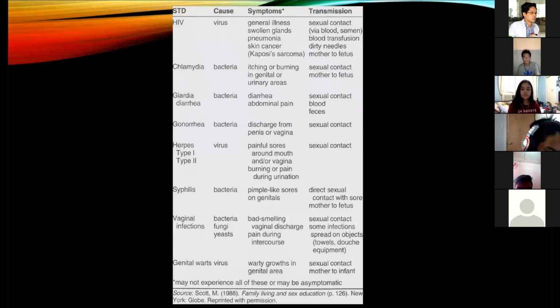For the boys, it is in the penile area. These are just the areas where the chlamydia will actually stay. Transmission is through sexual contact, of course, and from mother to fetus.